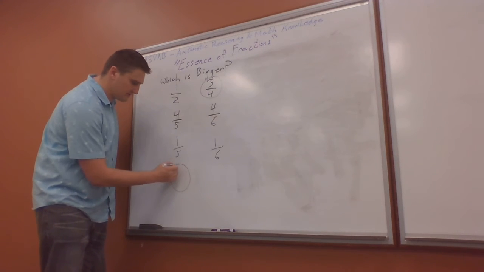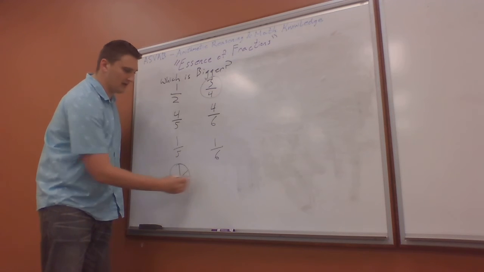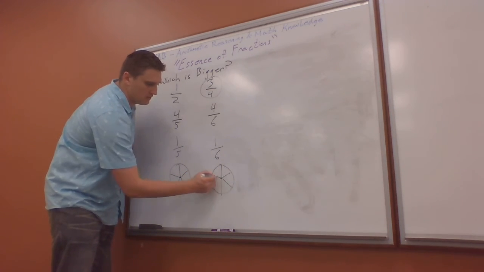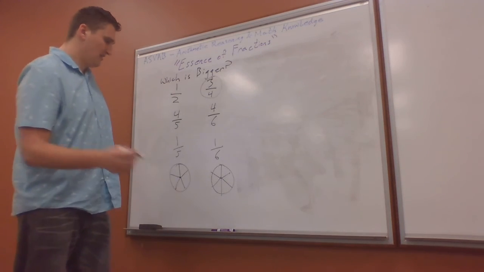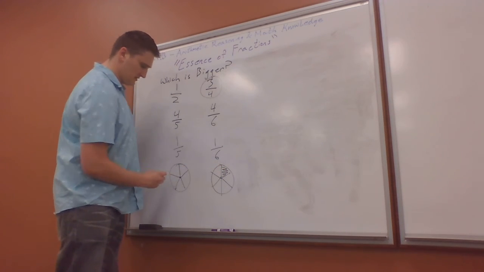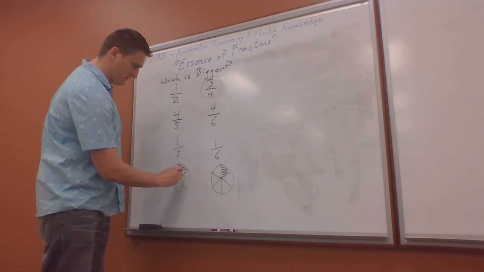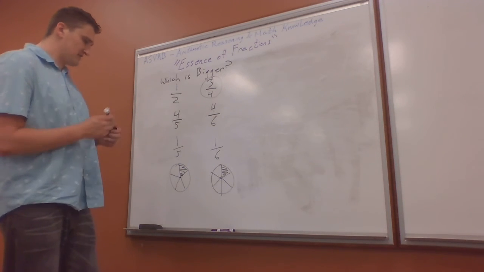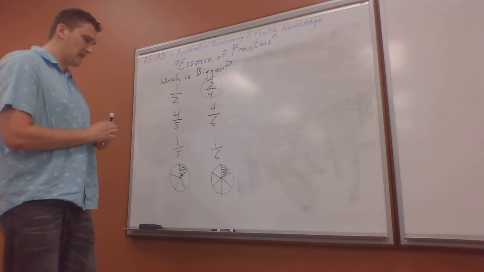let's take one more look back at those fifths there. Not an artist here. Okay, so that's 1/6. That's 1/5. I kind of drew it weird. But I can tell 1/5 is going to be a little bit bigger. How do I know that?